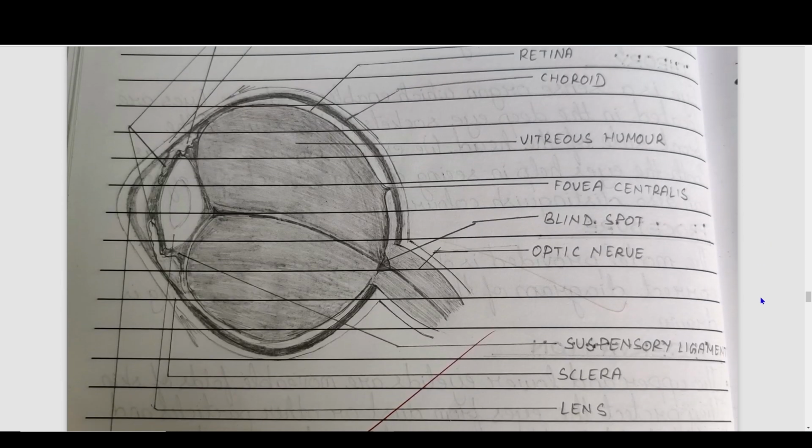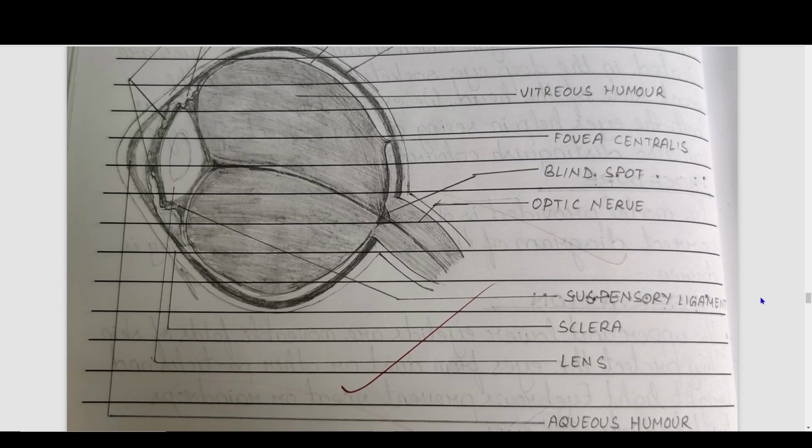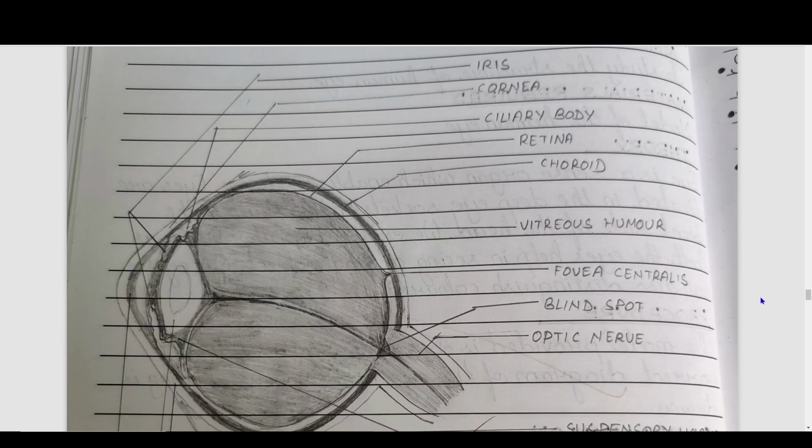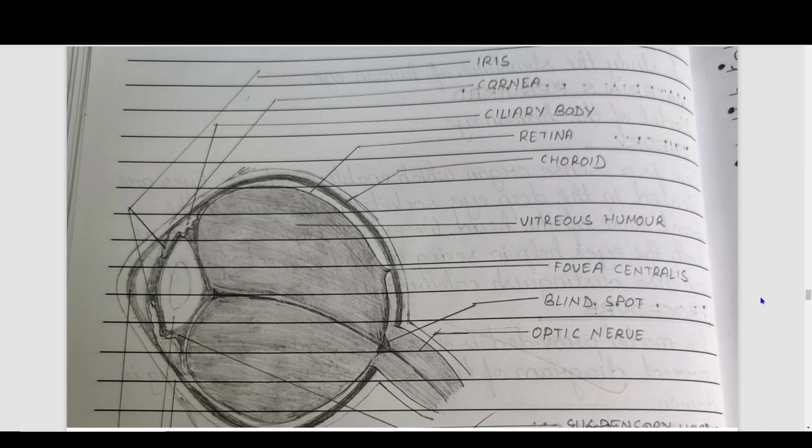So this is the model of the eyeball. Label the parts. The outermost layer is the sclera, then middle choroid, inner retina.